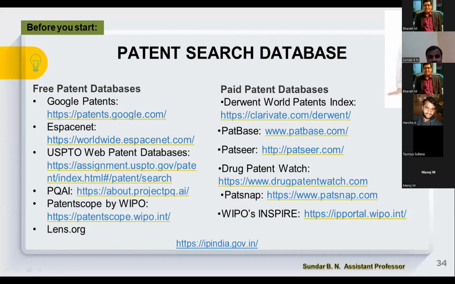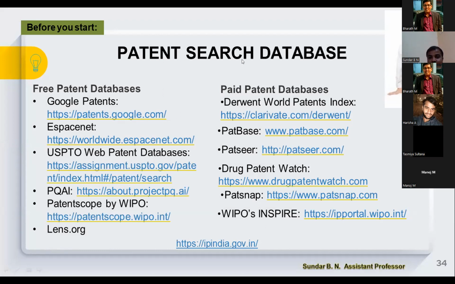Here, very importantly, I told you that you have to make a trademark search first. For everything, maybe patent, geographical indication or copyright, you have to make a search. So how to make a patent search? Now it is an important thing.